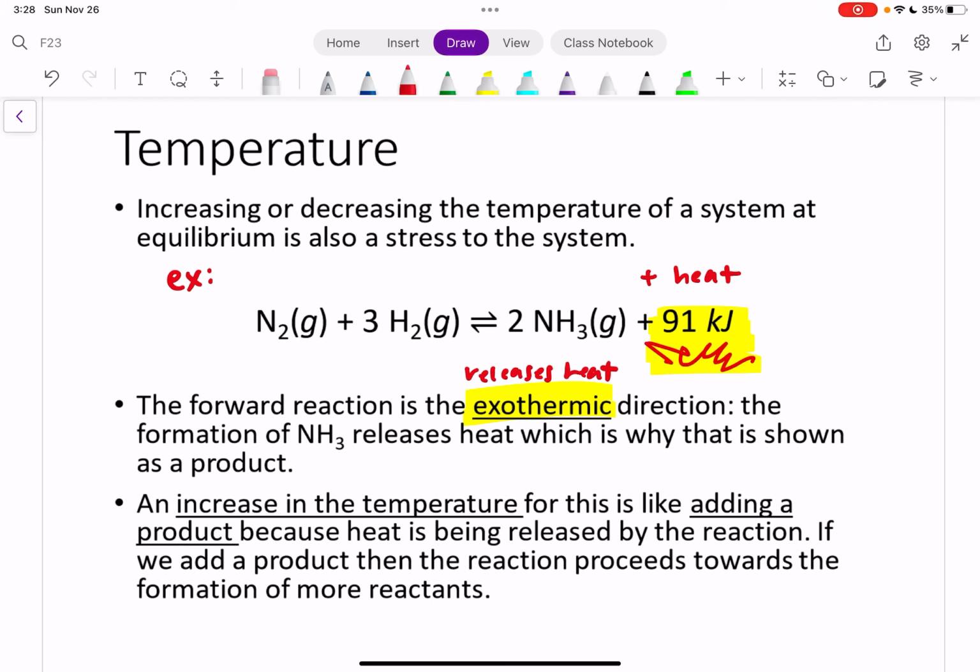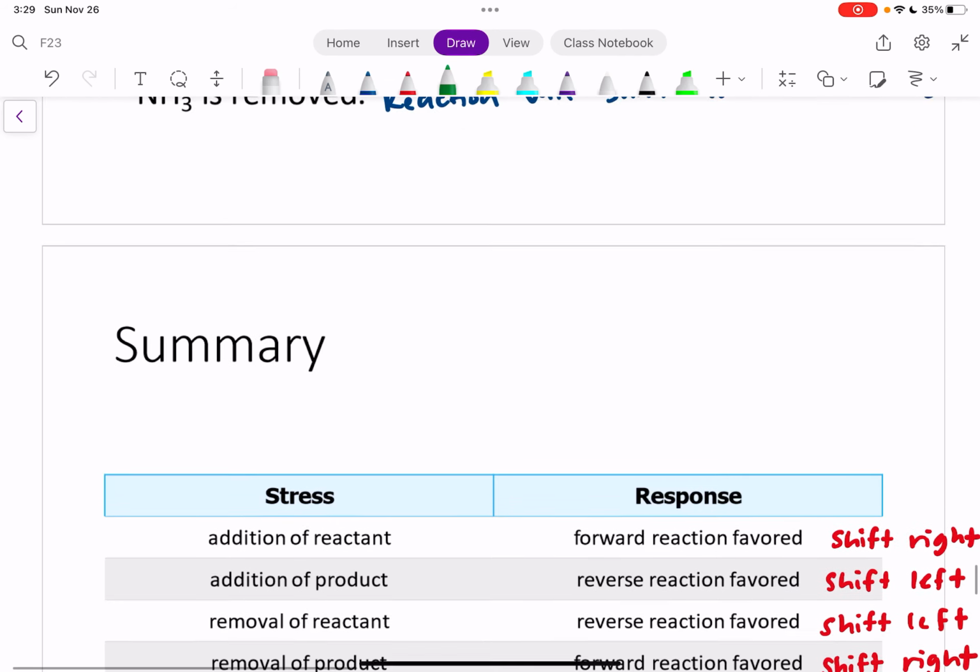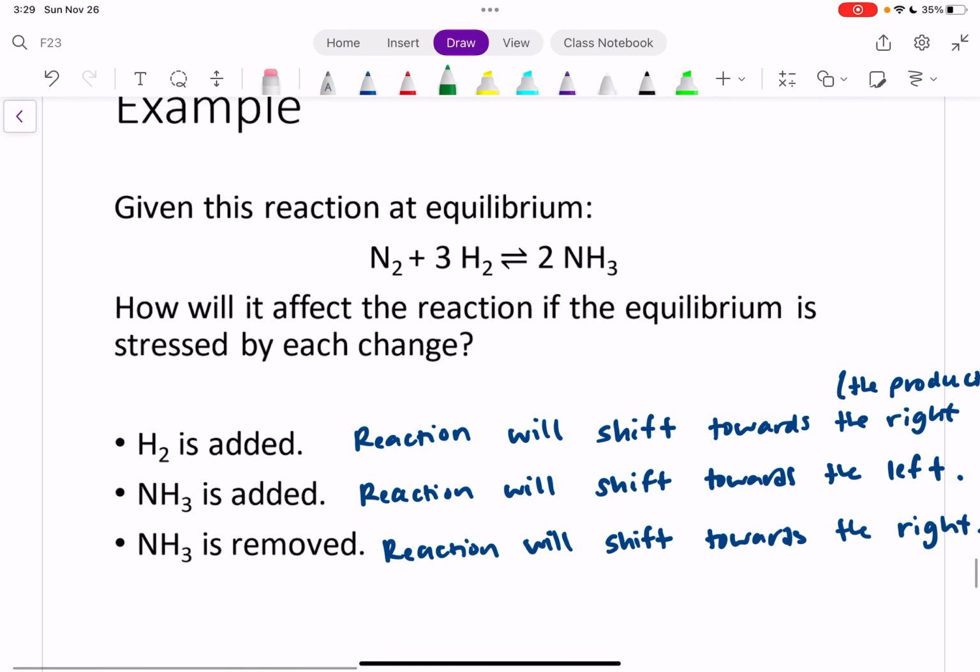Just like when we talk about combustion reactions, sometimes you'll see something like this, and it means the same thing. It's just showing us that this reaction produces lots of heat. So if we think of heat as a product, if we increase the temperature, it's like we're increasing another product, just like when we increased the amount of our product up here.